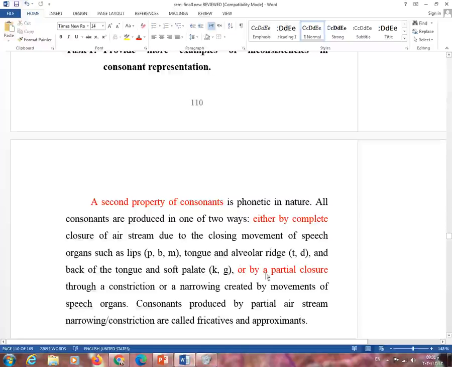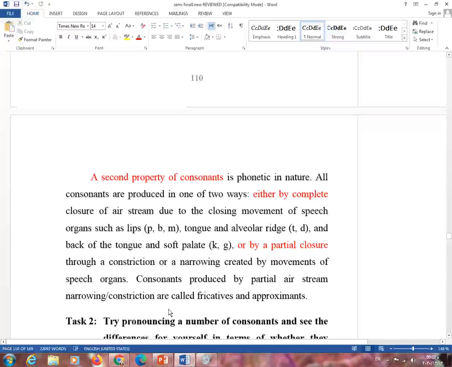Or the second way is partial closure of the airway, and this happens through a constriction or a narrowing created by movements of organs of speech. So we have two ways. Number one, complete closure, as in p, b, m, t, d, etc. Or partial closure, where air goes through a narrow passage, as in most of the consonants, as we're going to see.